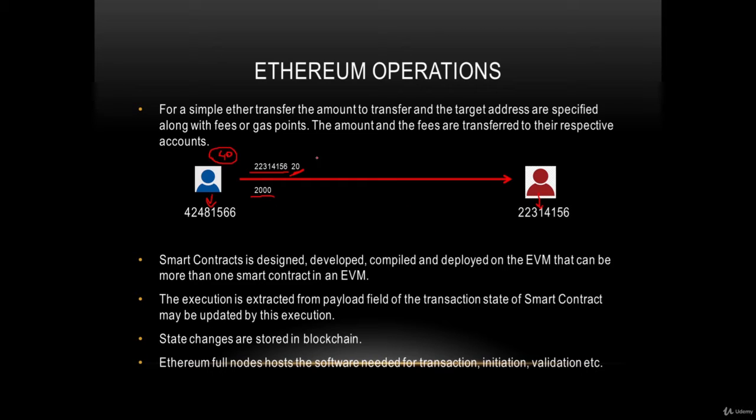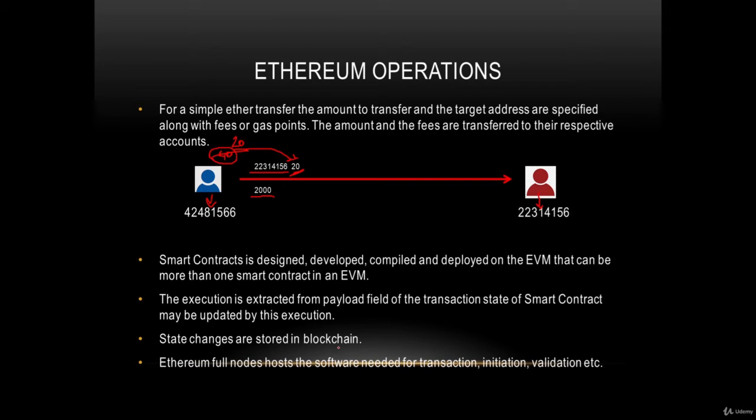So now the payload field is this 40 ethers, and this transaction will take out 20 ethers from it. So now he will be left with only 20 in his wallet, and 20 will be given. So that is what is meant out here. And this is what is changed when the execution is done.